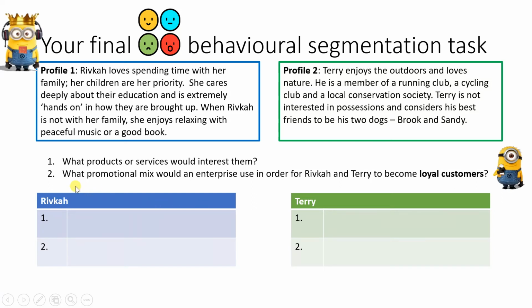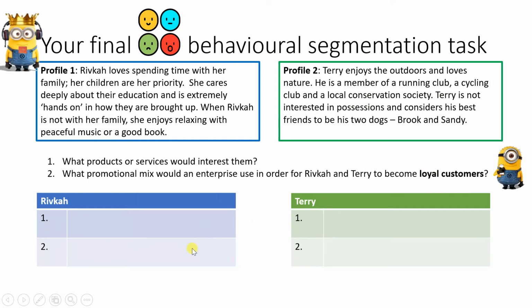Second question, what promotional mix, those are the 5 elements of promotions, so that is advertising, sales promotion, personal selling, direct marketing and public relations, or a mix of them. What promotional mix would an enterprise use in order for Rivka and Terry to become loyal customers?